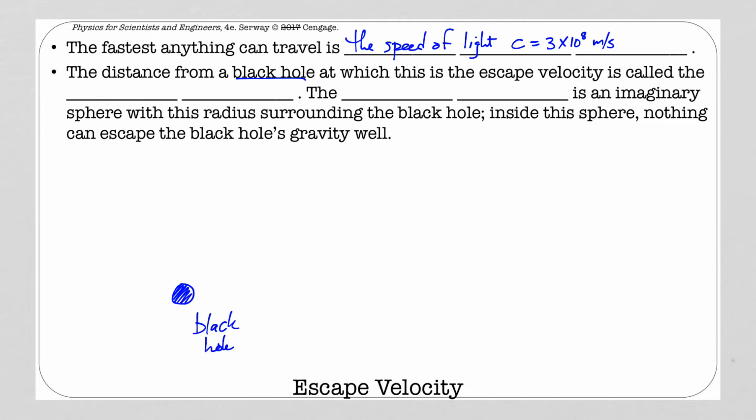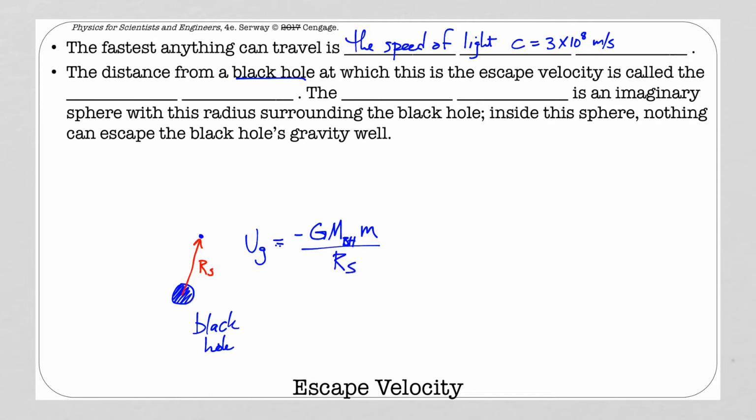And so in order to escape the black hole's gravity, if you are at some arbitrary distance, RS we're going to call that, then we would have a gravitational potential energy at that distance of capital M for the black hole and little m for our mass, and this RS is the distance.